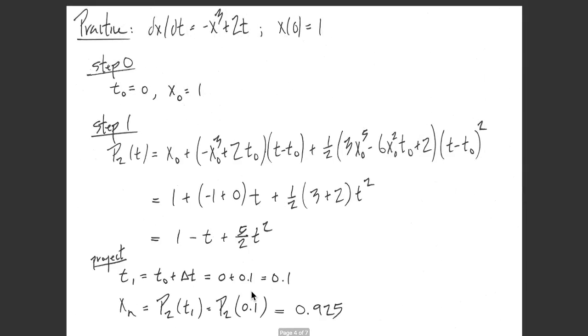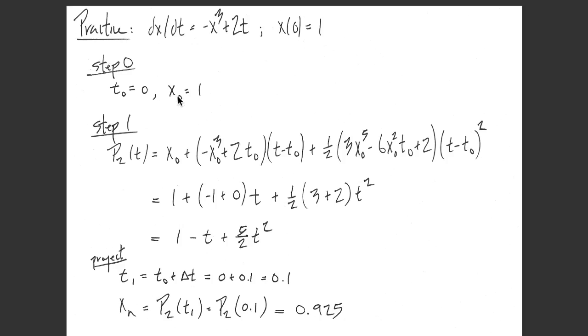So let's go through the steps. Step 0 simply is initializing the t and the x. So t0 is 0 and x0 is 1, and that comes from the initial condition. Step 1, we first compute the Taylor polynomial of degree 2. So here's just the formula we came up with on the slide just previously.